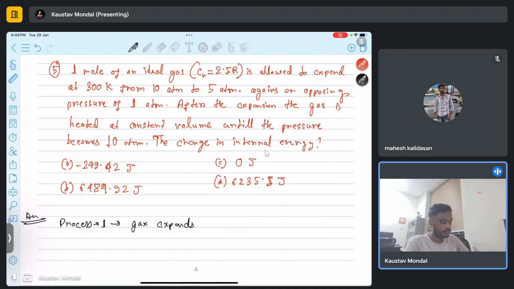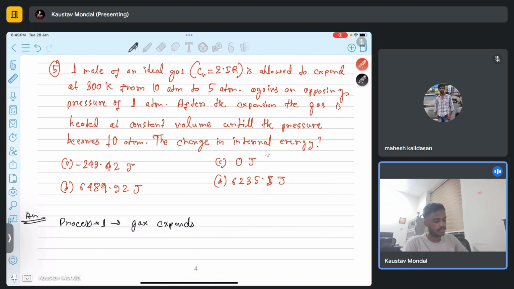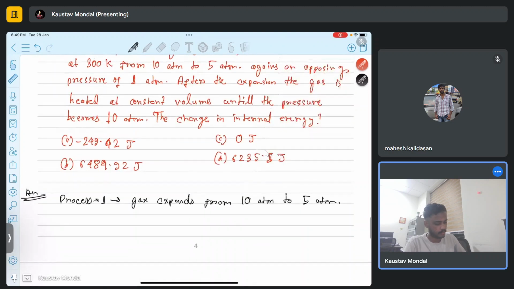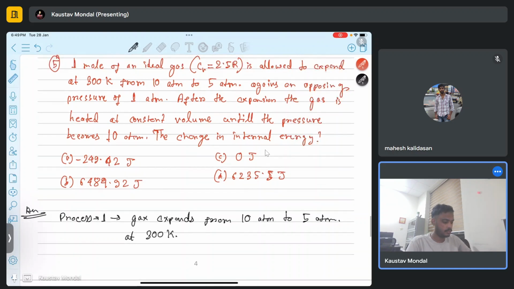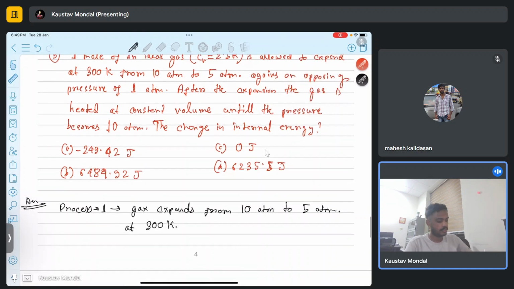Okay, so during process one the gas expands from 10 atm to 5 atm at 300 Kelvin. And this is the first process, against the external pressure that is equal to 1 atm.